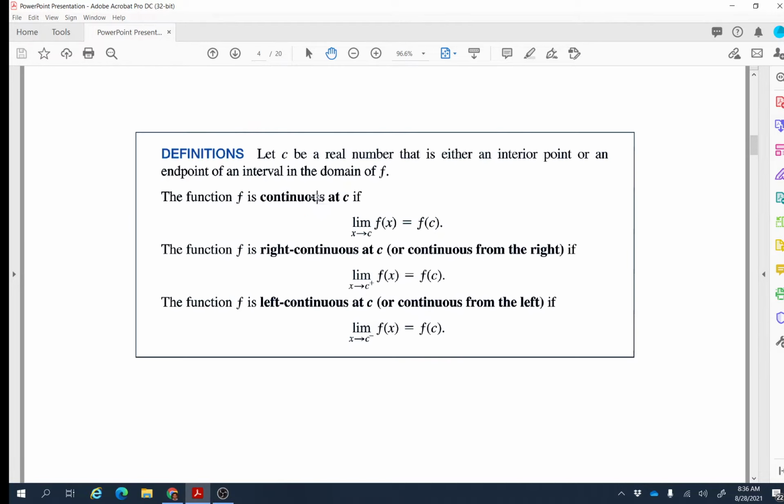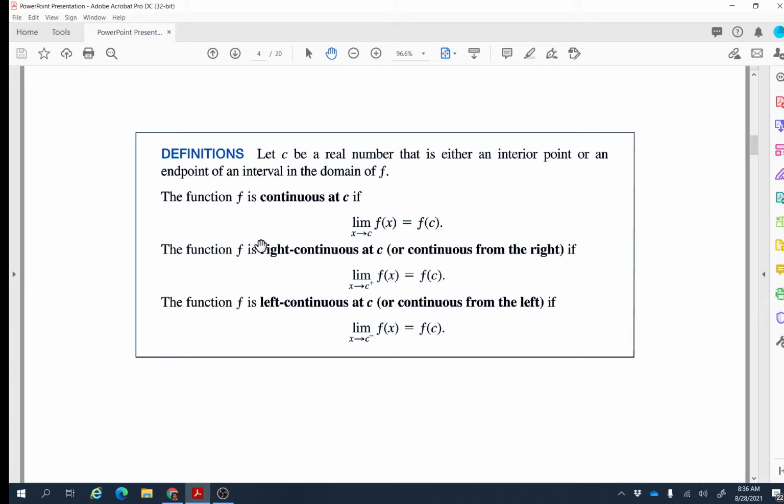This is the definition of a continuous function. Let c be a real number that is either an interior point or an endpoint of an interval in the domain of f. The function f is continuous at c if the limit of the function when x approaches c is equal to the value of the function.